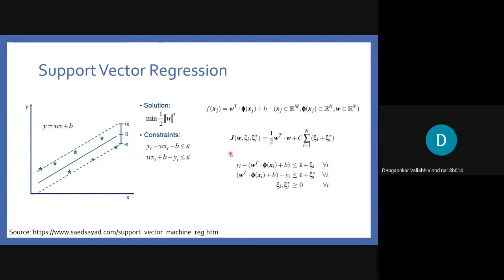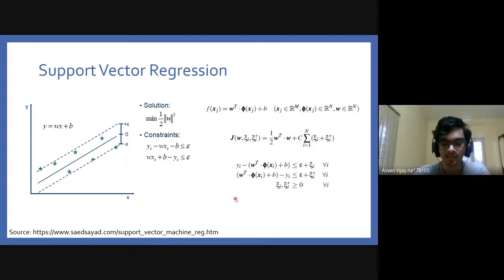Yes, sir. So that is a part of a process which any optimizer will be doing when looking at such classification or regression problems. Yes, KKT conditions is how you solve these inequality constraint problems. This is already a convex optimization problem.